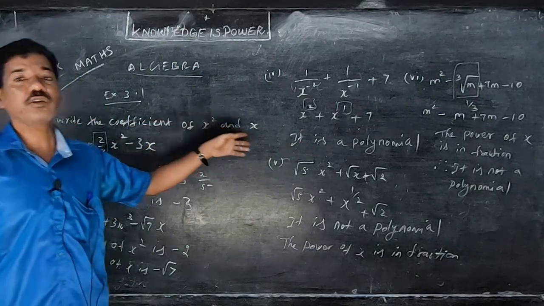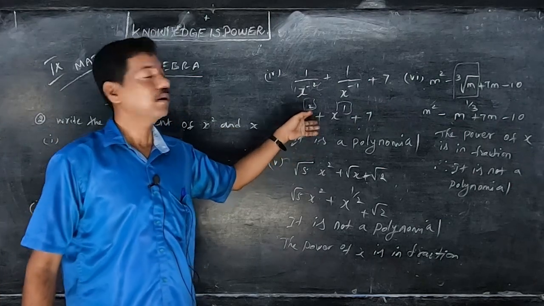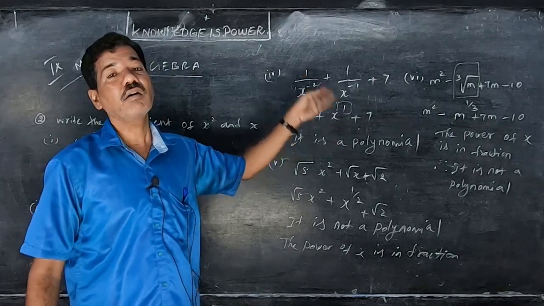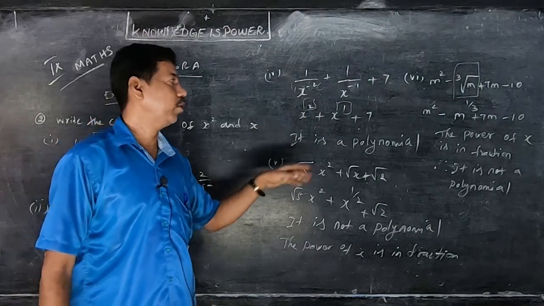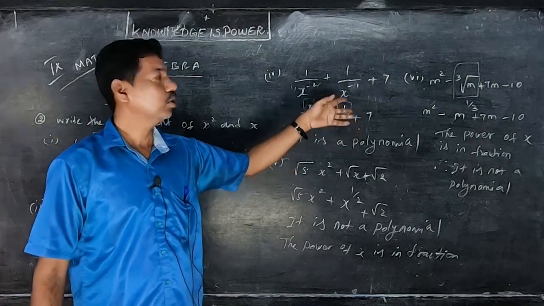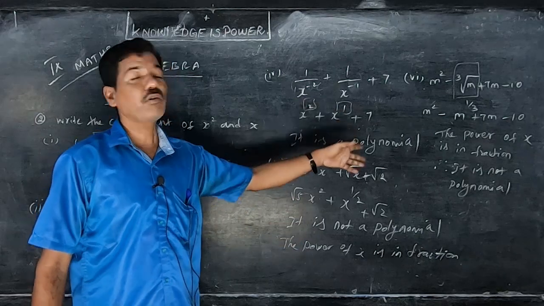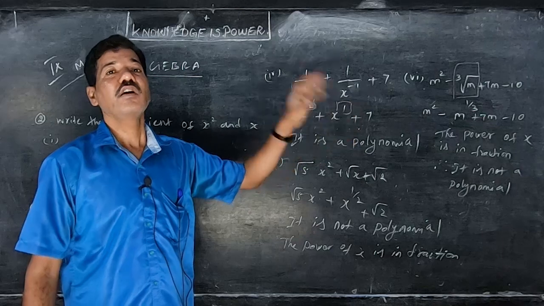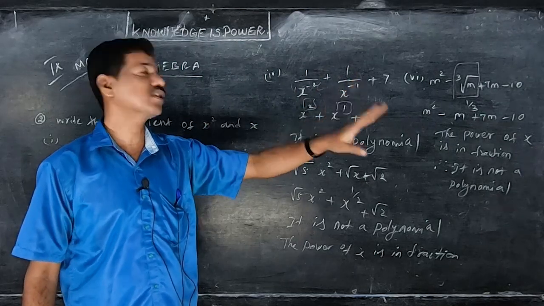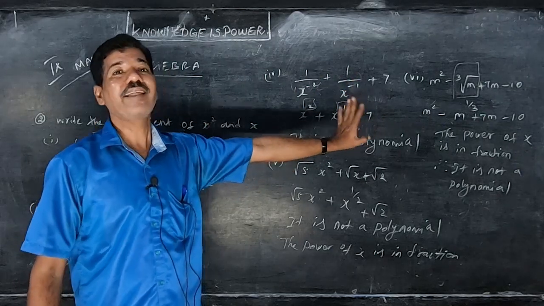In the first question, whether it is a polynomial or not a polynomial, I did 6 sums. You go through that. If it is a polynomial, you leave it as it is; if it is not a polynomial, you just tell the reason.